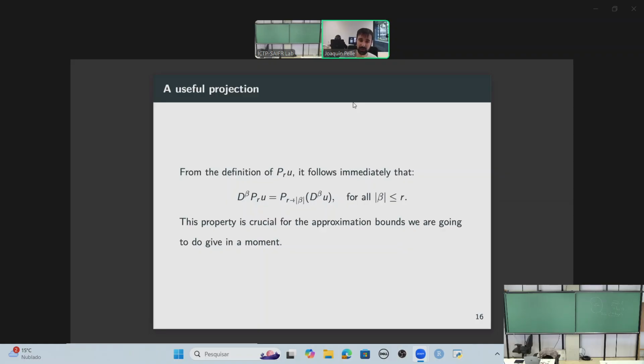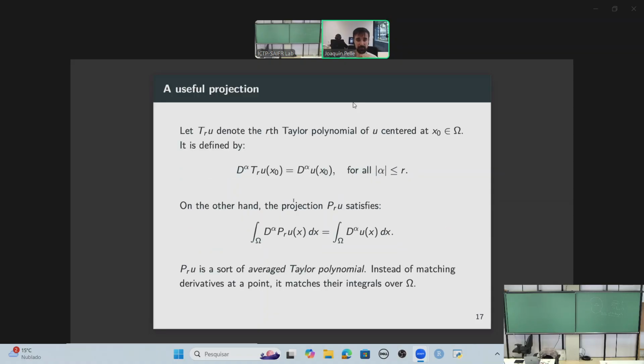But before that, sorry, just an earlier interpretation of what this kind of projection gives. If you think of the Taylor polynomial of a certain function, we can think that this TR of U gives the Rth Taylor polynomial, right? So we have a certain TR operator acting on this function, which returns the Taylor polynomial. And how is the Taylor polynomial defined?